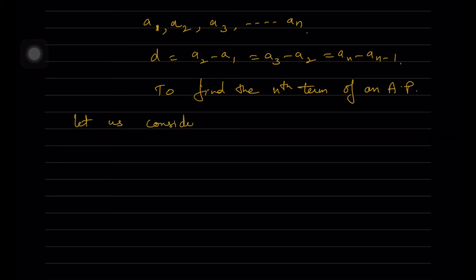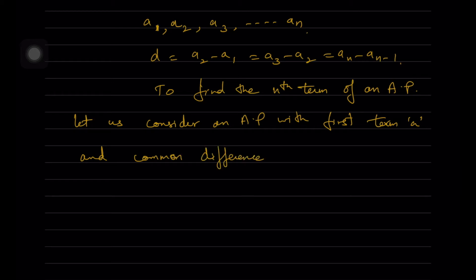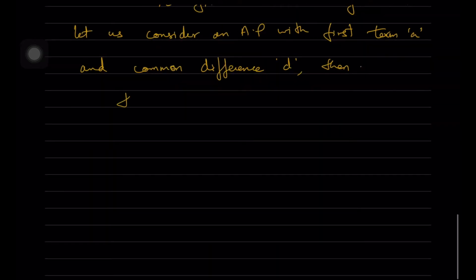Let us consider an AP with first term a and common difference d. Then the first term a1 is equal to a, which is a plus 1 minus 1 into d.